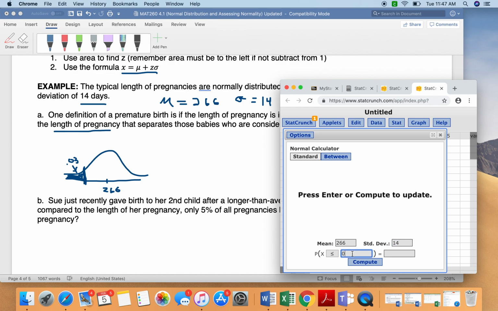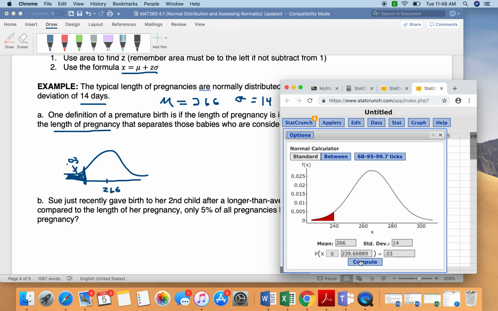And instead of putting the x value here, we're given an area. So we're going to put it over here after the equal sign, which I like to call the area box. So we're going to put 0.03 in the area box. Make sure we have less than here, because we could see from our picture, less than, and hit compute.